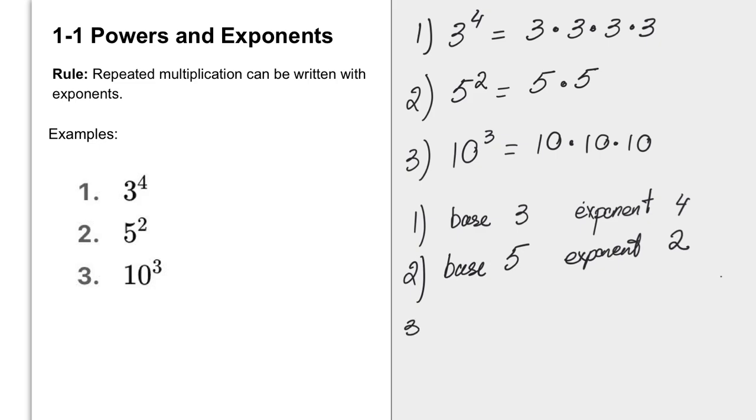And the third, the base is, I'm going to let you guess this one, 10, you're right, and exponent is 3. Okay, now that we understand this, let's do the opposite. I'm going to write a number here as an example for you to do on your own.